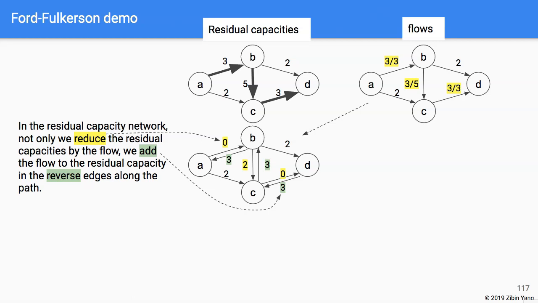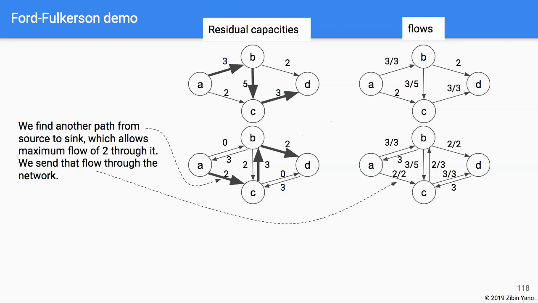Now, given this new residual capacity network, we can actually find another path through it. And that is, we can go with this path now. And the maximum flow that can go through this path is 2. So we're sending a flow of 2, and a flow of 2.